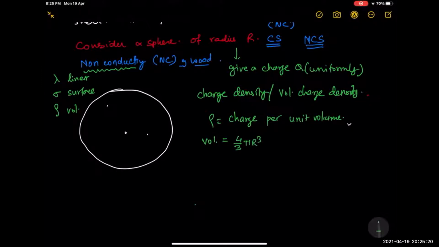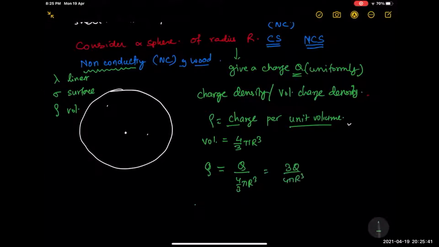What is the total charge given? It is Q. So what is rho? Rho is charge per unit volume, so total charge Q divided by 4 by 3 pi R cubed. It is also written as 3Q by 4 pi R cubed.